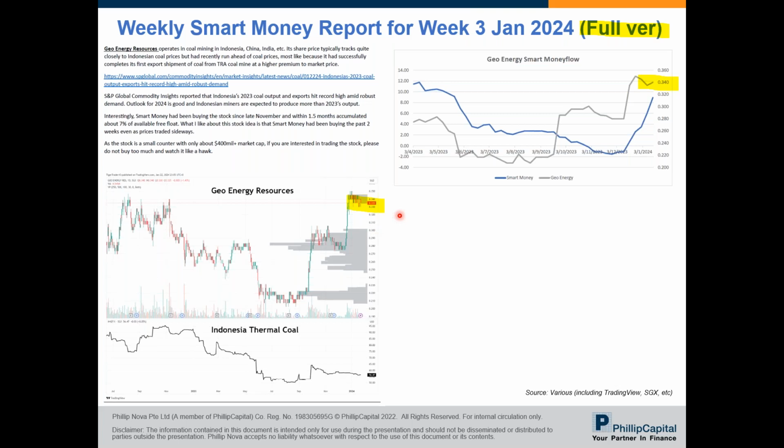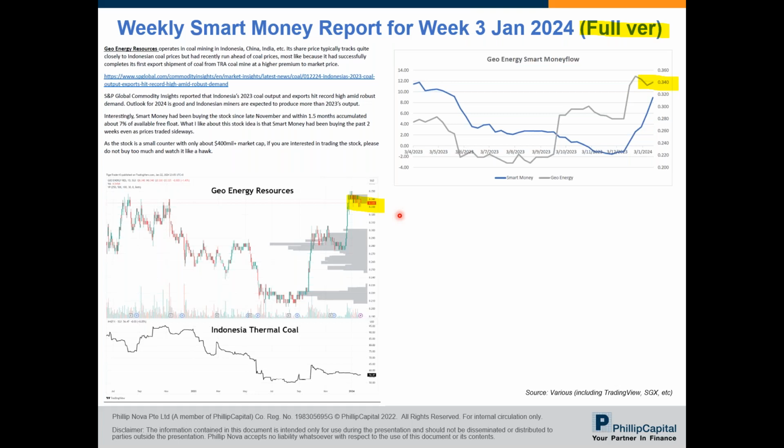Of course, you can check the share price now. The price of Geo Energy has since moved from about 33, 34 cents to a recent high of 43, 44 cents. It has since pulled back a little bit, back towards 40 cents or slightly lower.